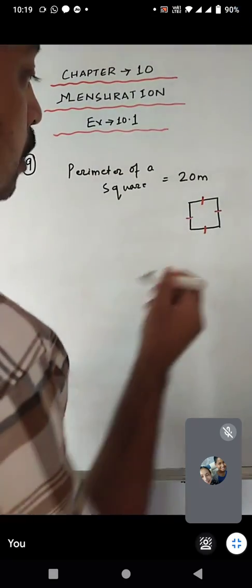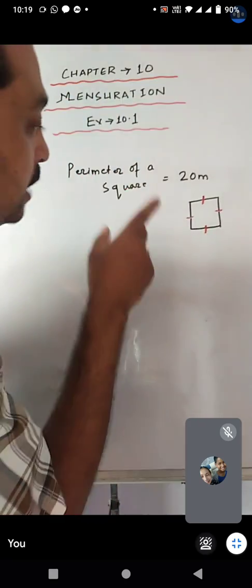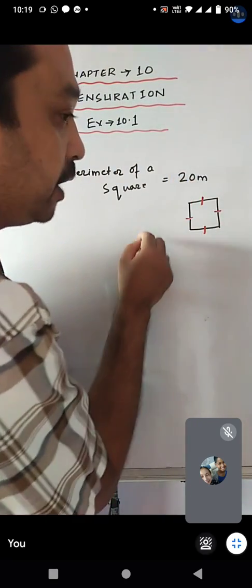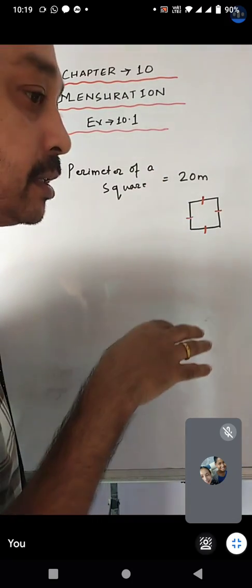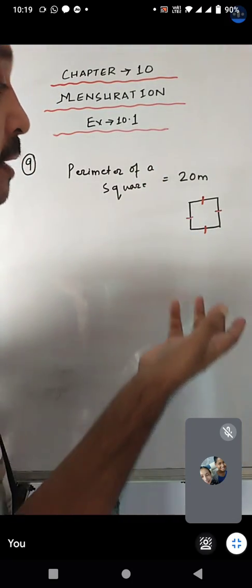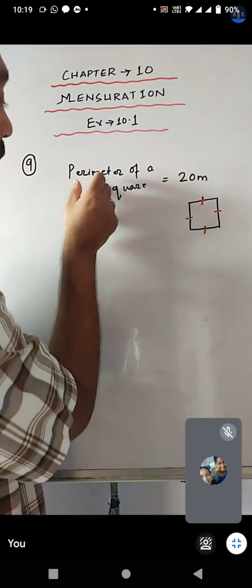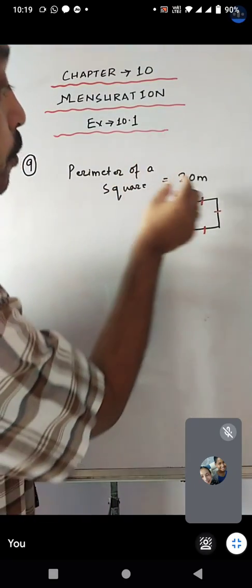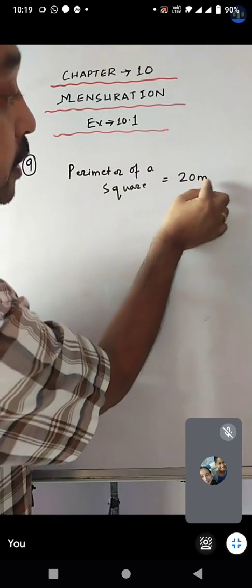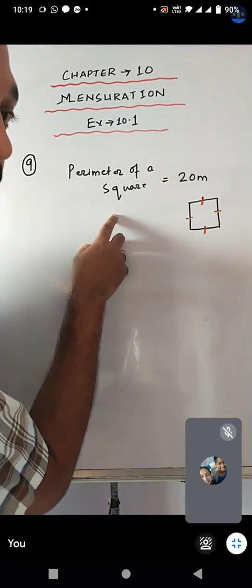Now what is the formula of a perimeter? Always remember that if any polygon's perimeter is already given, mostly in squares, rectangles, equilateral triangles, regular pentagons, they do this type of questions. When you see that the perimeter of a polygon is given, you have to compare this value with the formula of the perimeter of that polygon.